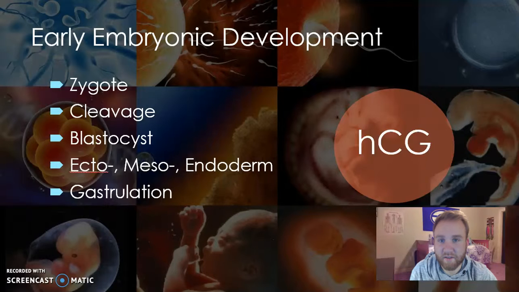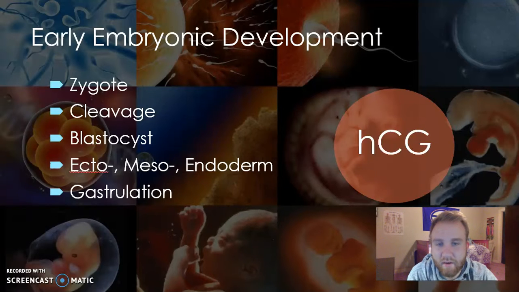The blastocyst begins showing layers in the hollow ball. These are known as the beginnings of the ectoderm, the mesoderm, and the endoderm, which form the body's main compartments: the muscles, the intestines, skin, nervous system, all that sort of stuff.